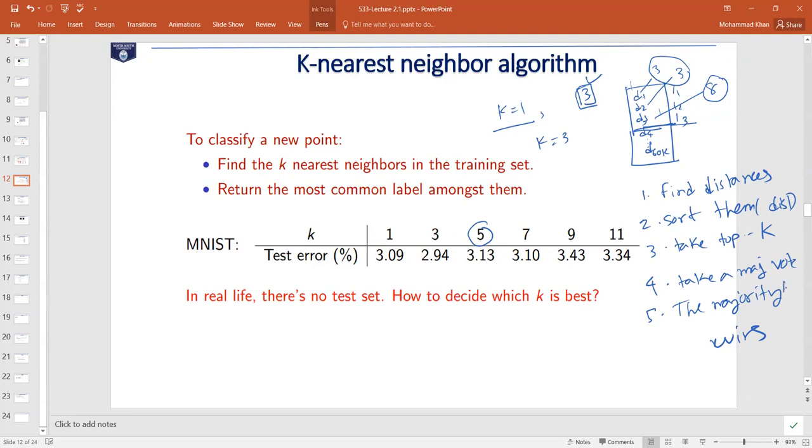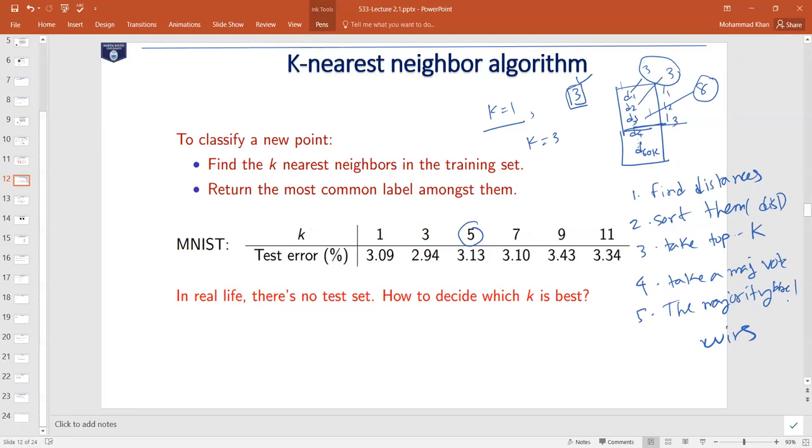The majority label wins. So this is the process basically. Any questions? Is it clear?